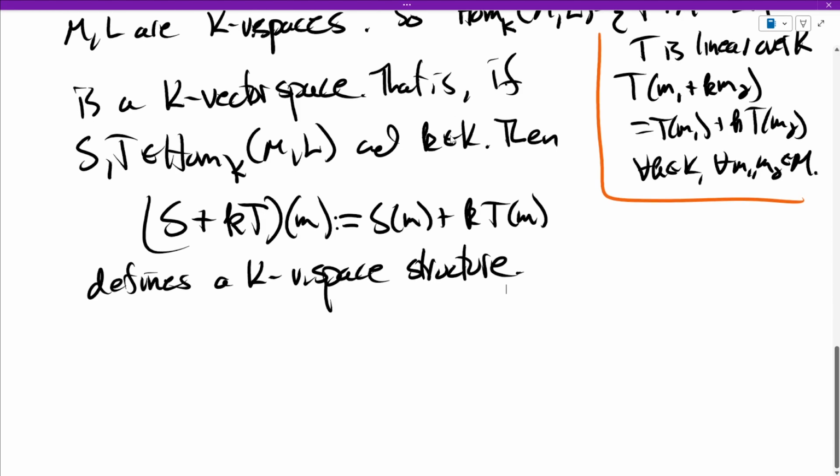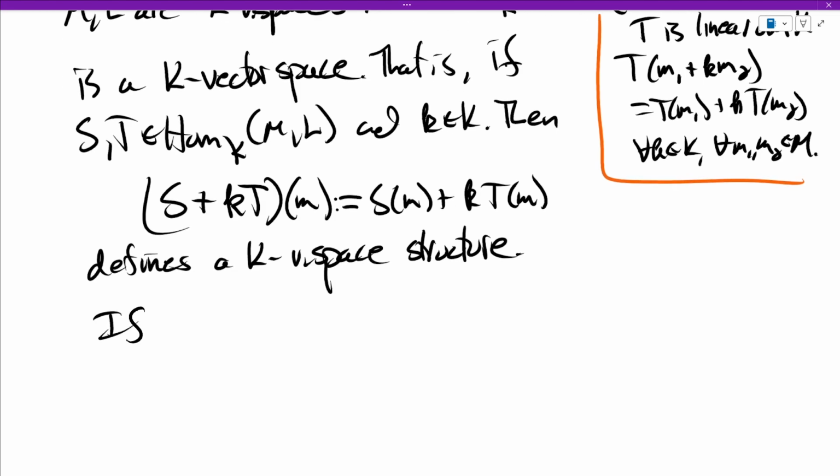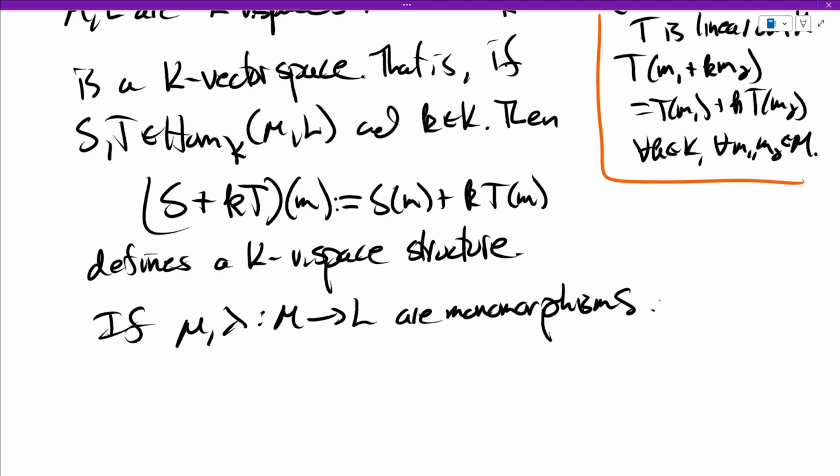However, if we have monomorphisms, so if mu and lambda from M to L are monomorphisms, which, remember, to be a monomorphism, that's a field theoretic property. You not only have to be a linear map, but you also have to obey the field structure. Then what we're going to show is that the only way for mu and lambda to be independent is if they're equal.